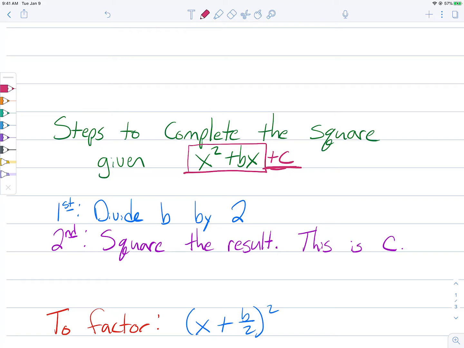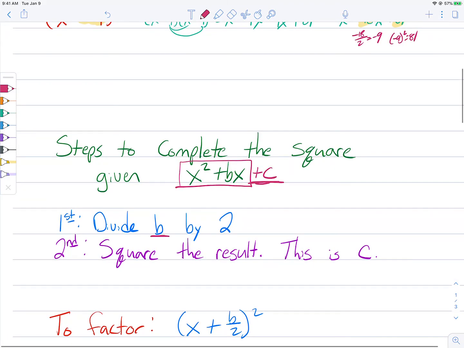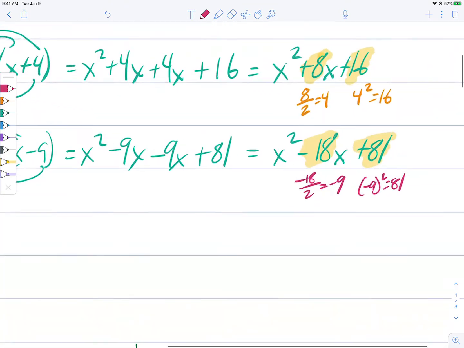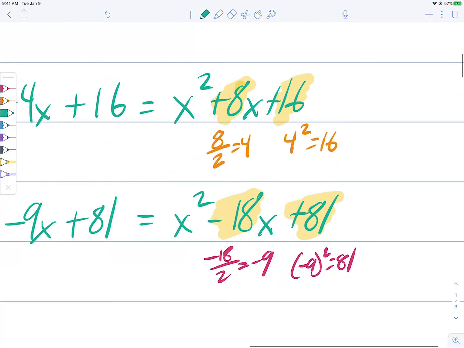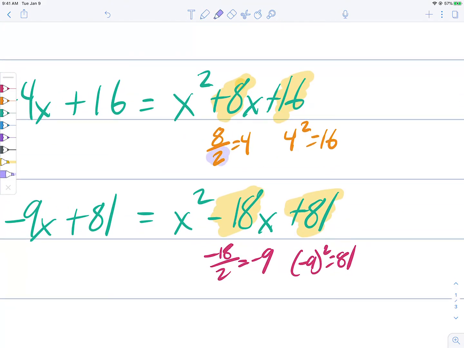What you do is divide b, which is our coefficient of x, by 2, and then square that result. We saw that back up here. We took b, divided it by 2, squared it, and we got the constant right there.